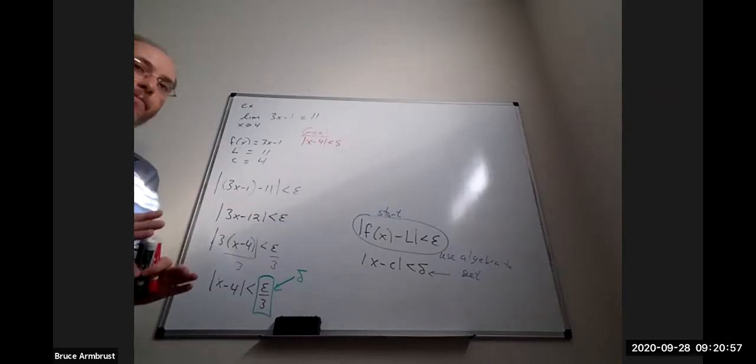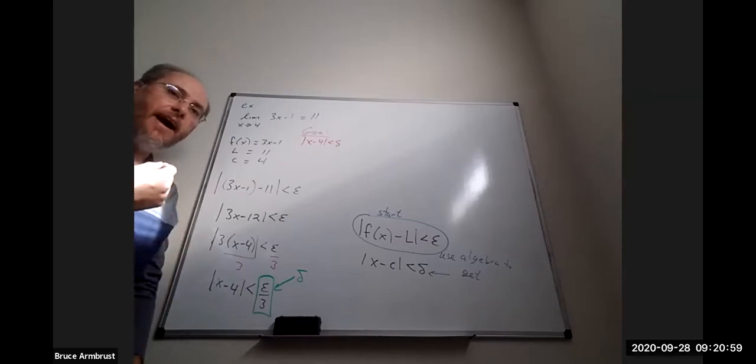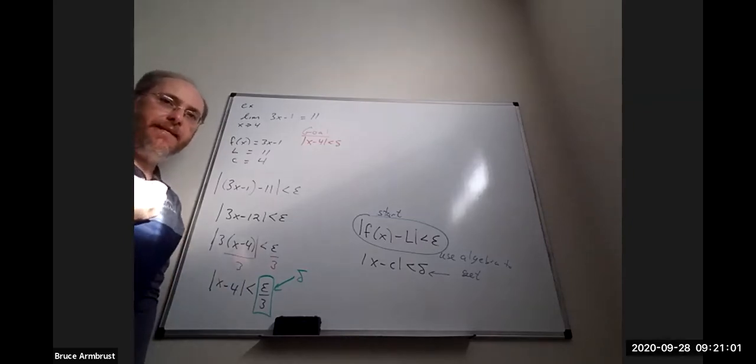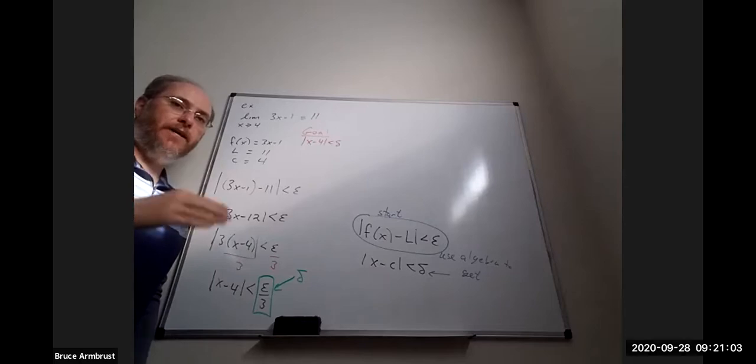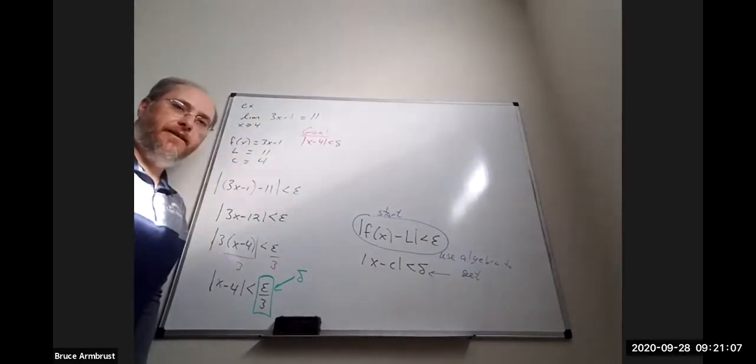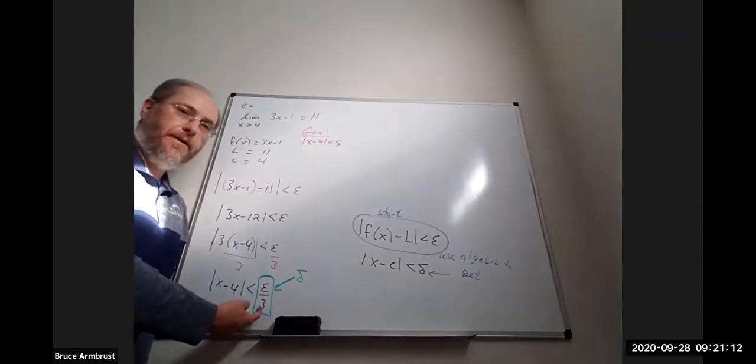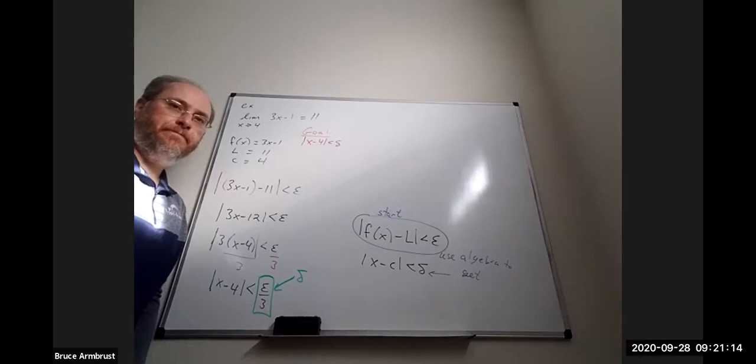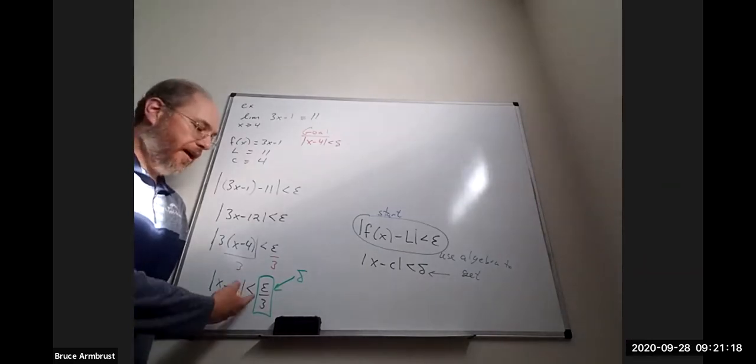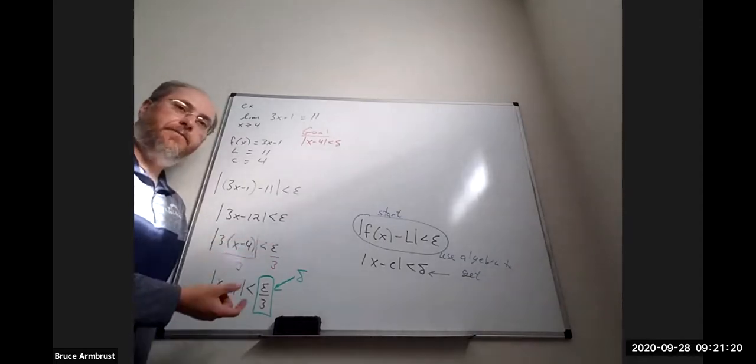So here's what just happened. I now have a way to find a delta no matter what you tell me epsilon is. If you give me an epsilon, no matter what it is, I'm going to say, all right, pick delta to be 1/3 of it. If it's 1/3 of that epsilon, I know my interval is going to be small enough.